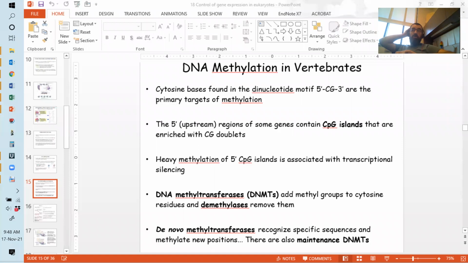So you have these two groups battling each other, essentially. On the one side, you have histone acetyltransferases and DNA demethylases. Those are pro-gene expression. On the other side, you have histone deacetylases, histone methylases, and DNA methyltransferases.